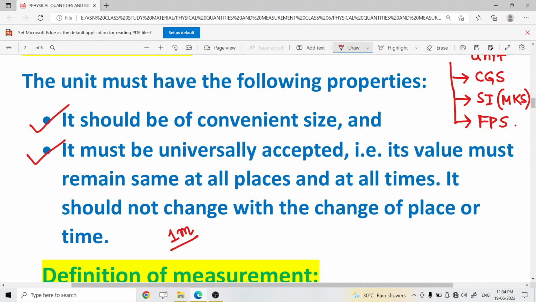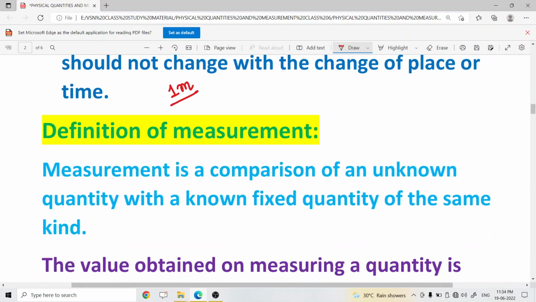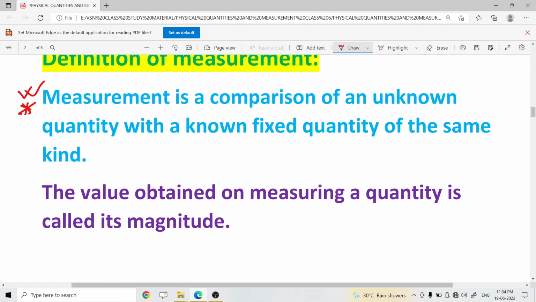So the units must have the following two properties. This is very important. First, it should be of convenient size, and the second, it must be universally accepted. Now, what is the definition of measurement? We already discussed. Measurement is a comparison of an unknown quantity with a known fixed quantity of the same kind.